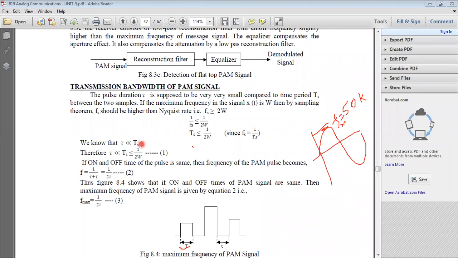So from this equation and this equation, we can write tau is less than Ts and Ts is less than 1 by 2W. So we frame one equation from these two expressions. What is that expression? Tau is less than Ts and less than 1 by 2W.